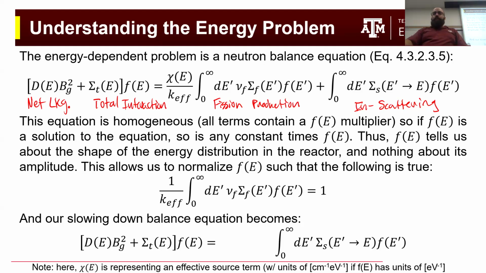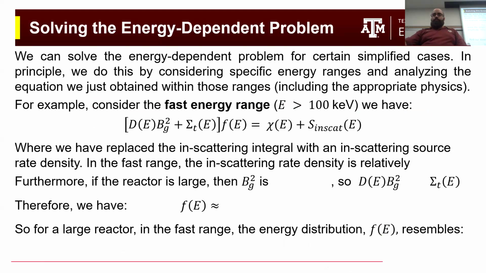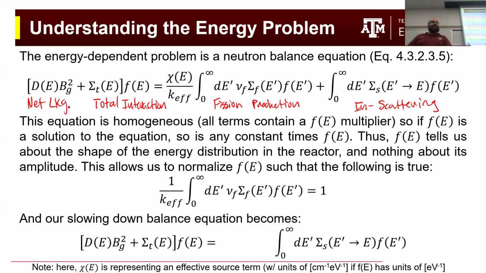And so because of that fact, we have the freedom to normalize that condition however we want. And we're going to decide to normalize it such that this is true. And we do that on purpose because notice that what I've set equal to one is just this term, right?